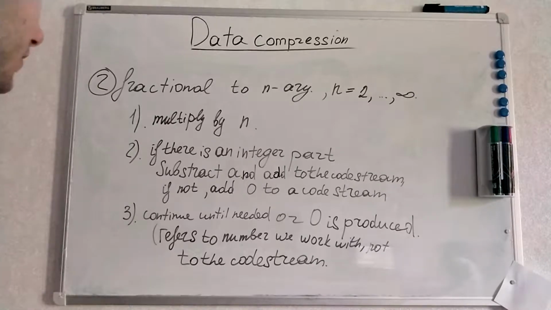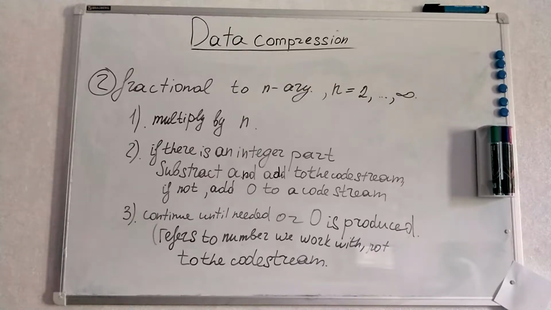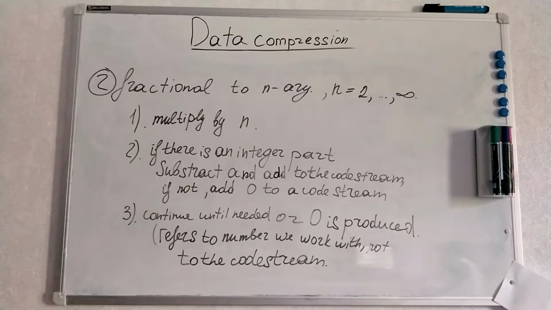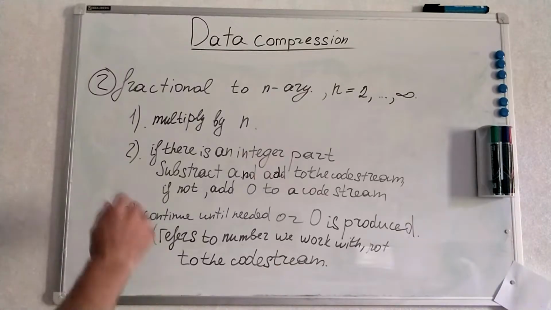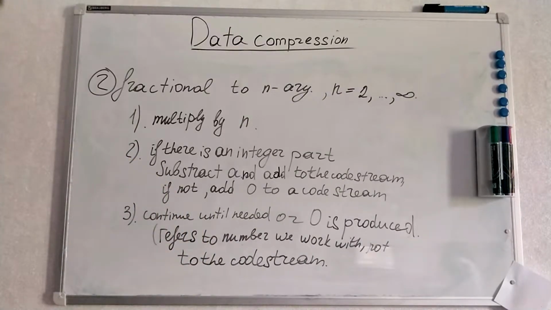Okay, here's the algorithm to transform any fractional number to any arity system. First of all, we multiply our fractional number by n. If it produces an integer part, we subtract this integer part and put it to the code stream, just concatenate it with the code stream. If not, if there is no integer part, we add 0 to the code stream.